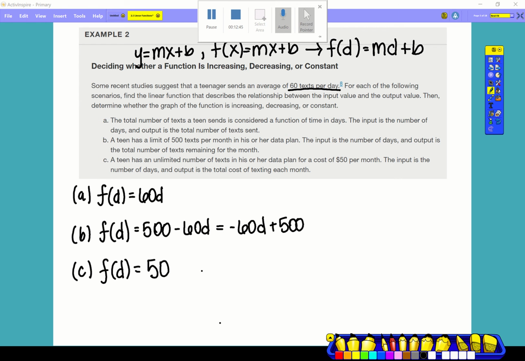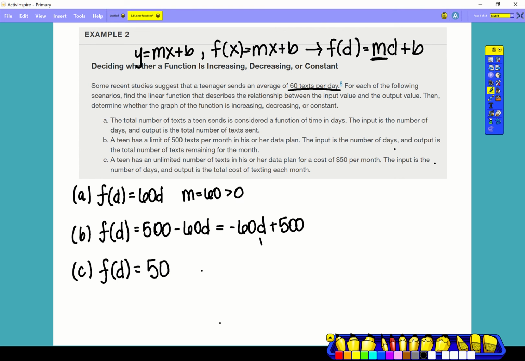Now that we can see that whatever number is in front of the d is going to be our slope, here our m equals 60, which is greater than 0. So therefore it is increasing because it has a positive slope.